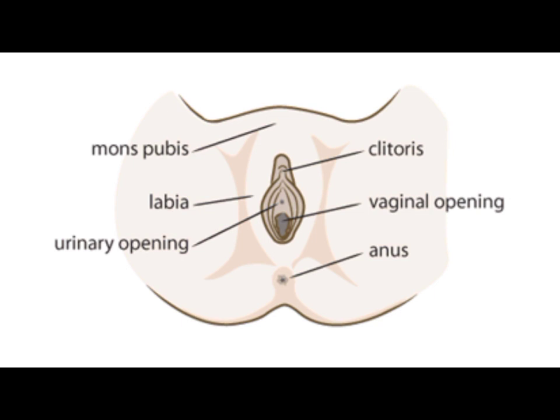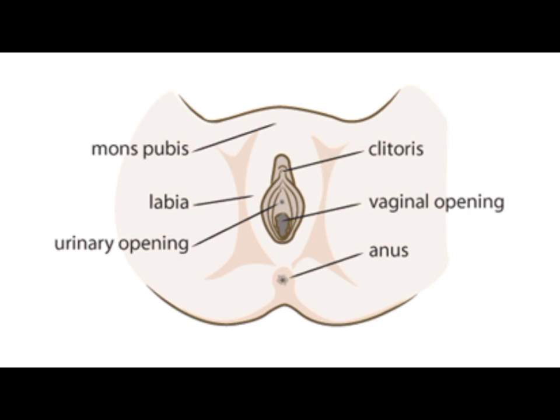Now when we were talking about the male reproductive system, I said the penis or the urethra is called urogenital. The penis is a urogenital organ. Why? Because it helps to remove both urine and spermatozoa.